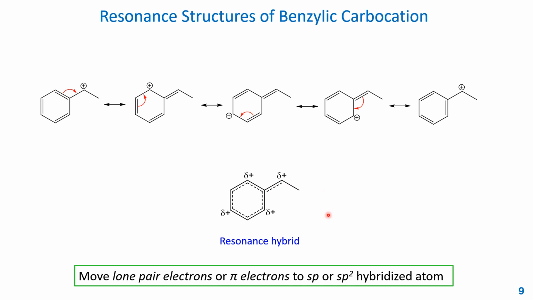But a positive charge can only delocalize to this carbon, or this carbon, or this carbon, or this carbon. You can see this carbon, or this carbon, or this carbon. So that's why it is only distributed to the 4 carbons, not all carbons in this structure. This is a benzylic carbocation.